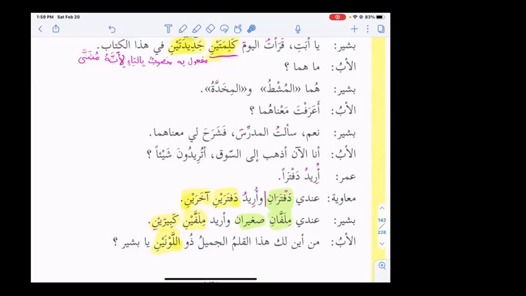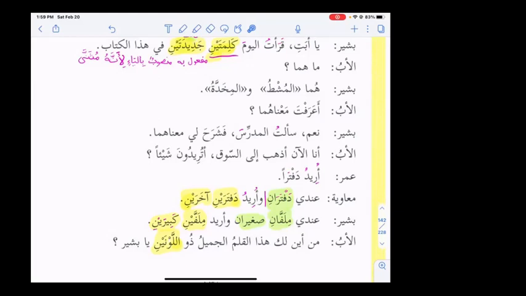So the word milafani means 2. How can we judge that? Because it's musanna and it is marfu bil alif. That is the sign of marfu in musanna. Sagirani, this is the naat, the same way.